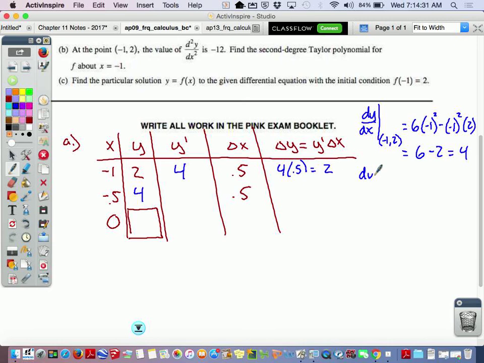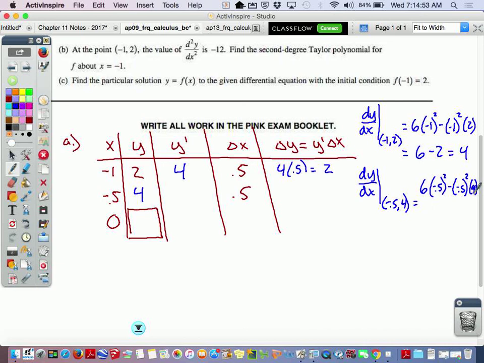So now I'll do the derivative at the point negative 0.5 comma 4. So that'll be 6 times negative 0.5 squared minus negative 0.5 squared times 4.